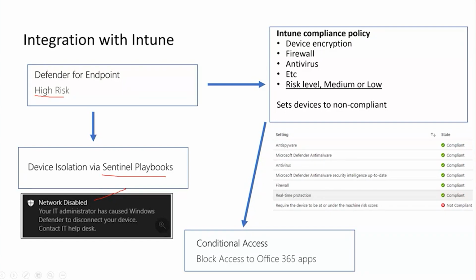We can do a full isolation on that device. The only communication still possible is between the device and the Defender backend server, because after the remediation, we want to bring this device back to the network again. That's absolutely brilliant, what we can do without really any human interaction.